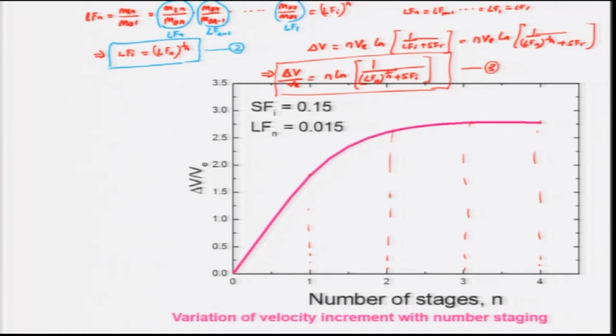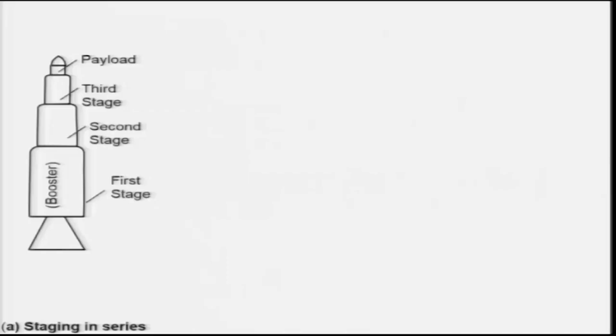Just now we have discussed the variation of velocity increment with the number of stages. Now, we will look at the various kinds of staging devised by various scientists; there are several of them, but we will discuss 3 of them. Let us look at the stages in series, tandem staging.